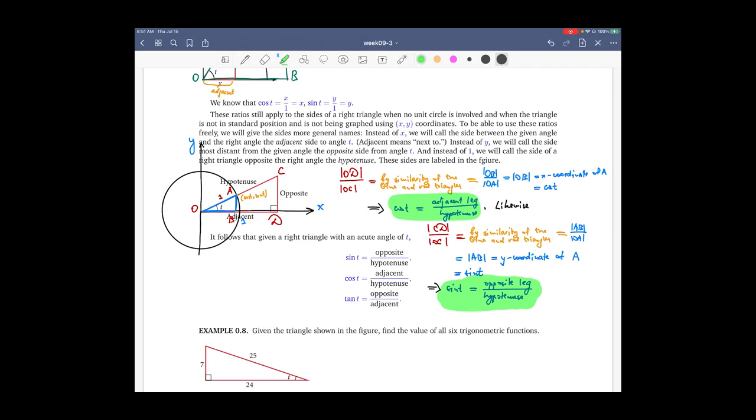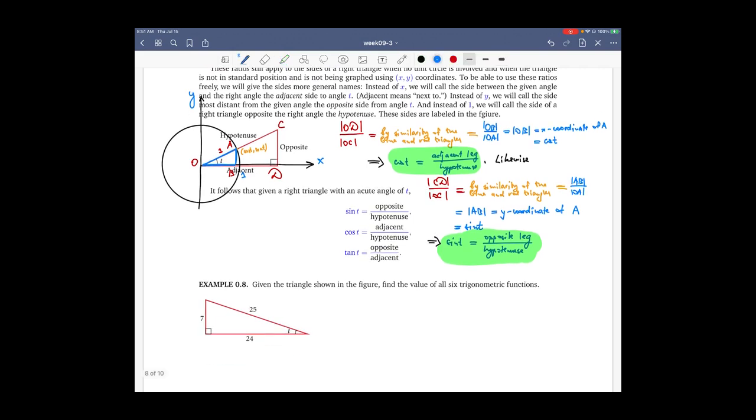Now, what about tangent and cotangent? Well, tangent is sine over cosine. That is the definition we know.